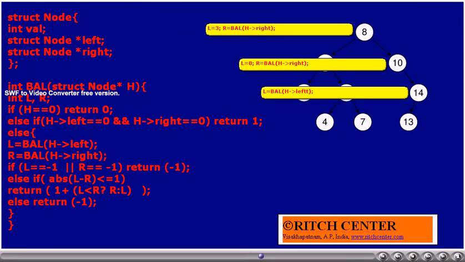Now we are supposed to traverse the left subtree of node 14. As the left child of node 14, that is 13, is a leaf node, it returns 1. Similarly, we try to traverse the right subtree of node 14.